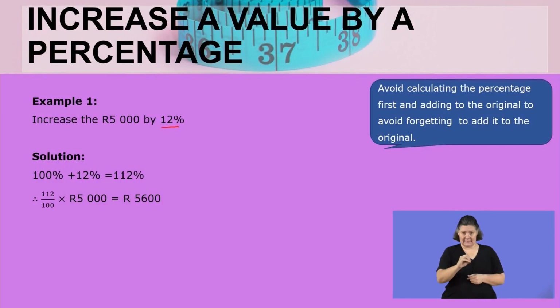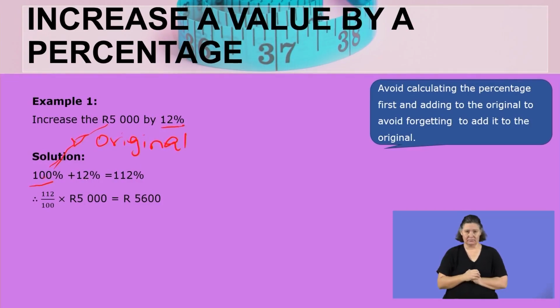Because now we are increasing by 12%, we say the original value before the increase, this 5,000 rand, is 100%. This is our original value. So if the original value is 100%, then we add it to this 12% of the increase, then 100 plus 12%, we will get 112%.